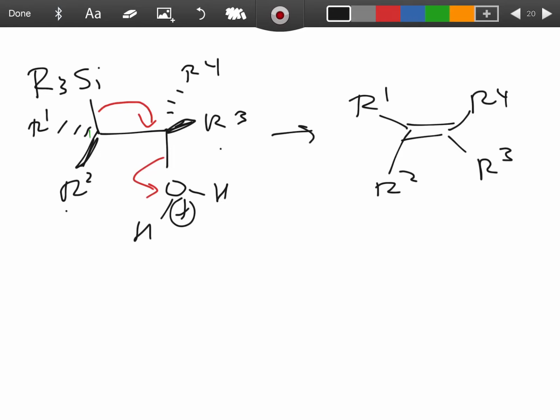So it doesn't matter which diastereomer you make, you can always get to either the E or the Z double bond based on what conditions you use to break down your alcohol structure.